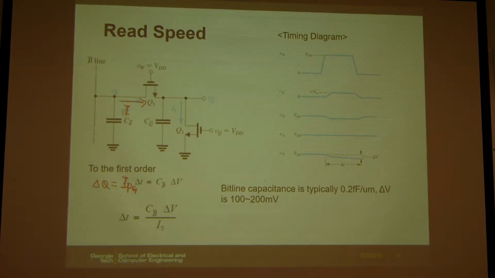And that will also equal the capacitance of the bit line, CBL, times the voltage change in the bit line. So basically, this is the charge conservation, right?